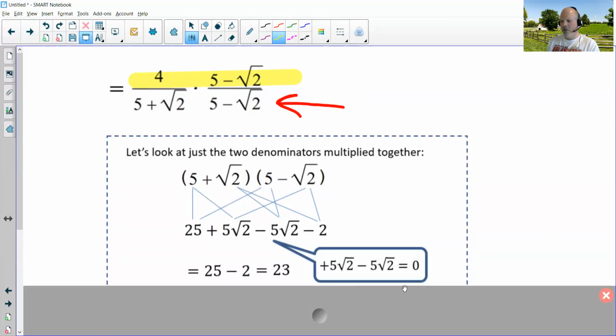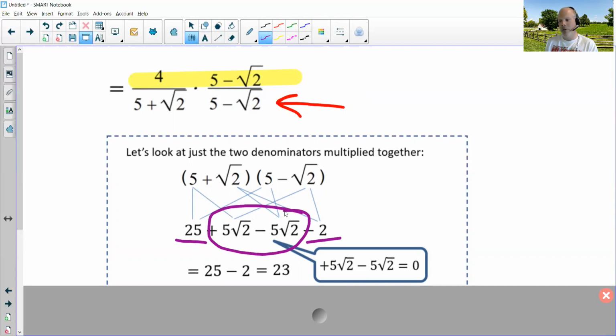Since those two cancel out, all I need to concern myself with is first times first and last times last. That's why we multiply by a conjugate, because it makes these two terms in the middle disappear. It makes the radical disappear.